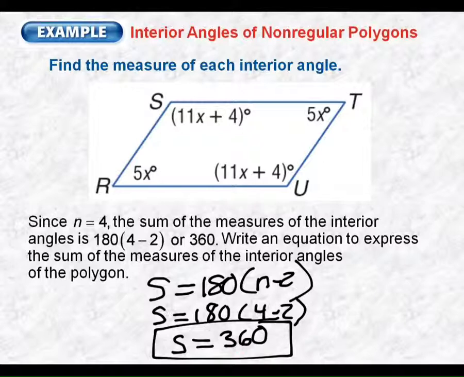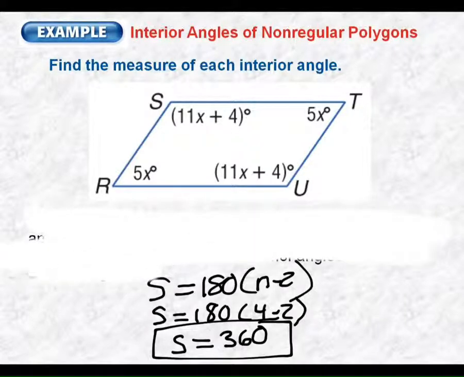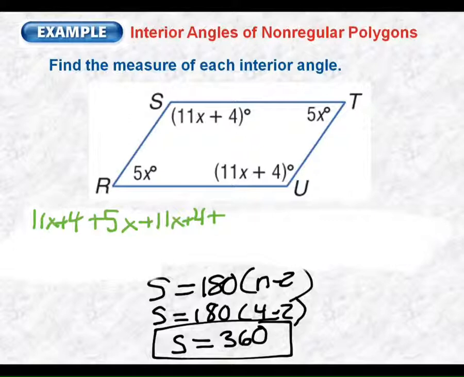So if I take 11x plus 4, angle S, plus angle T, plus angle U, plus angle R, I know all of those angles add up to 360 degrees. We actually know that because technically this is 2 triangles, right? Each triangle adds up to 180, so 2 of them are going to have 360. But this theorem told us that already.